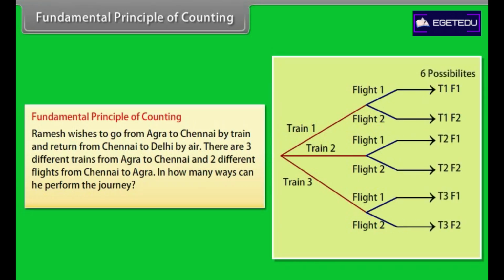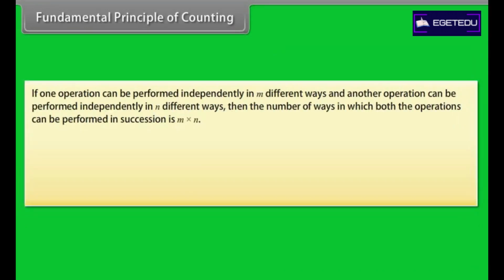The fundamental principle of counting is stated below. If one operation can be performed independently in m different ways, and another operation can be performed independently in n different ways, then the number of ways in which both the operations can be performed in succession is m into n.